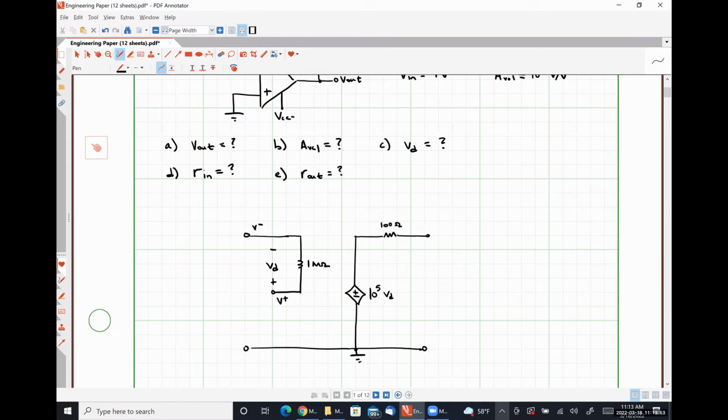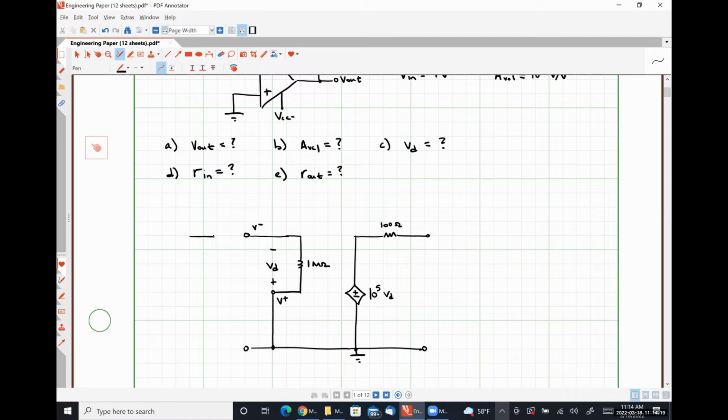My non-inverting input terminal is connected directly to ground, so I'll accomplish that by simply connecting a wire straight to ground. Between my inverting input terminal and ground, I see resistor R1 in series with my input voltage.